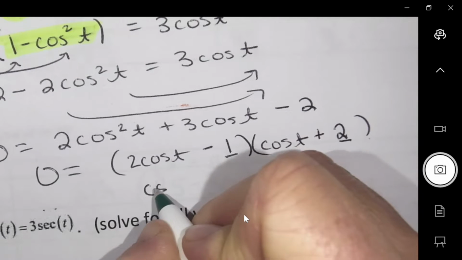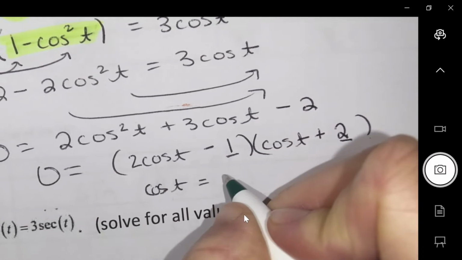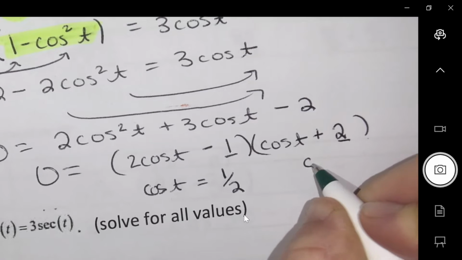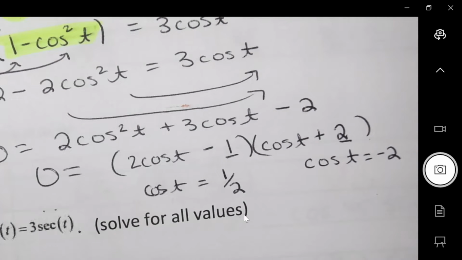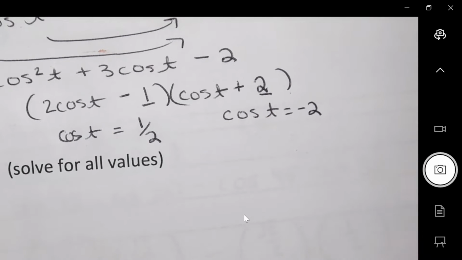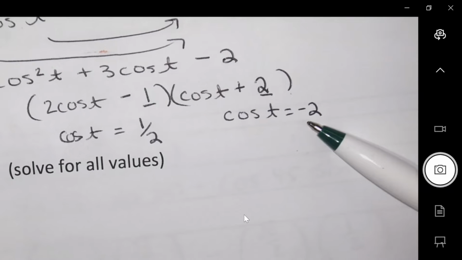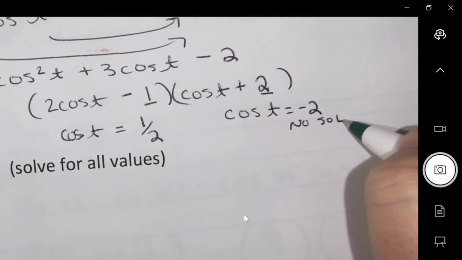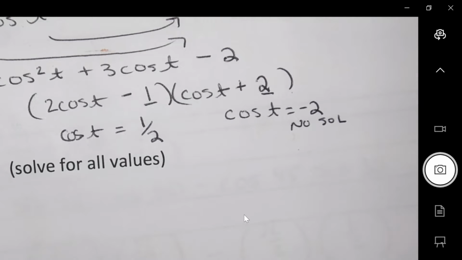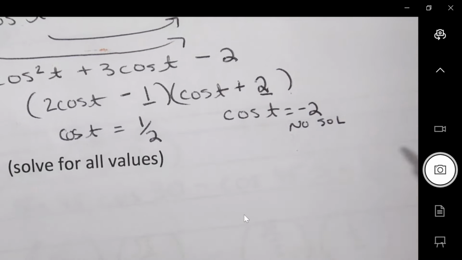So cos t equals positive 1/2, and cos t equals -2. Ooh, I like this one. Why do I like this one? No solution, and we're done. And we actually were just at this one, the cos of a half.